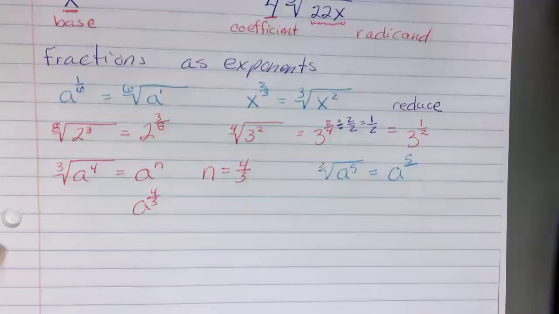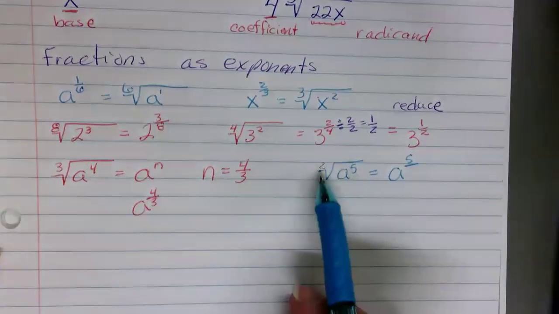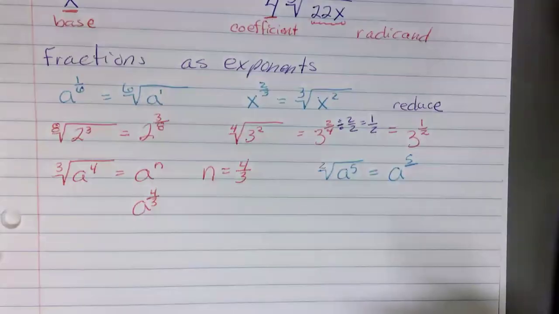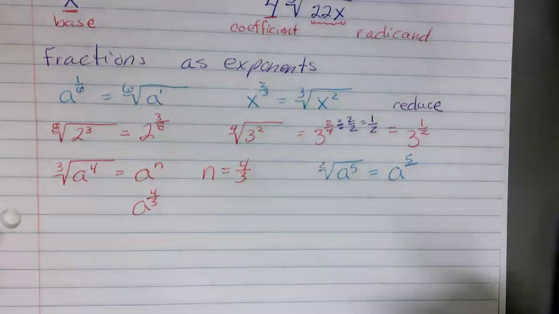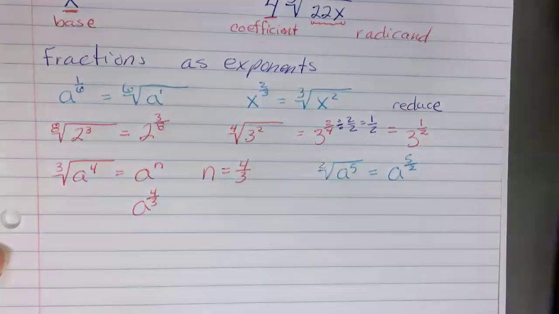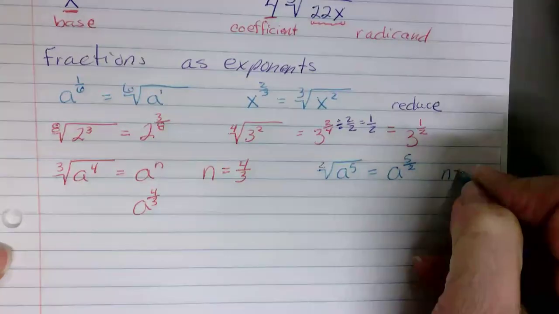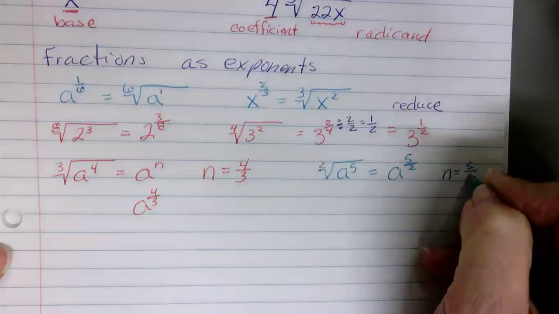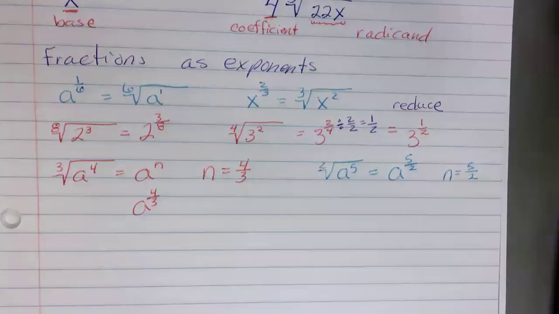It's invisible because if there's nothing, we always just assume it's a square root. Square root is the one that you learned first in middle school, square root of 9 is 3, square root of 25 is 5. So this would have to be 5 over 2. And again, if they were asking you what n equaled, you would just do the fraction of 5 over 2.